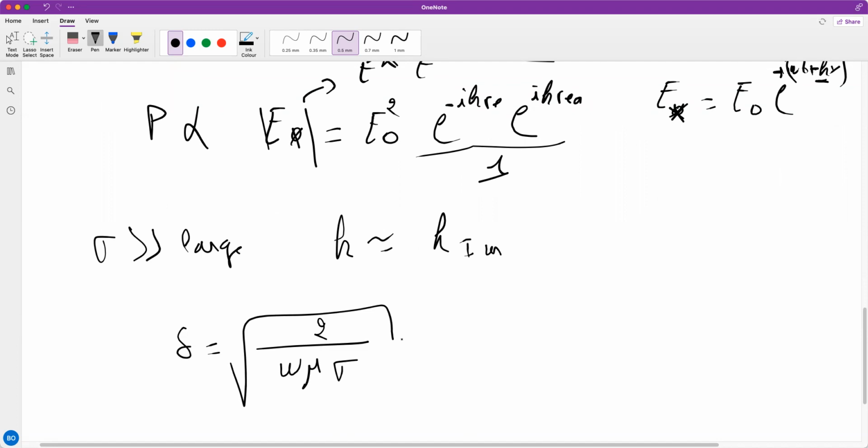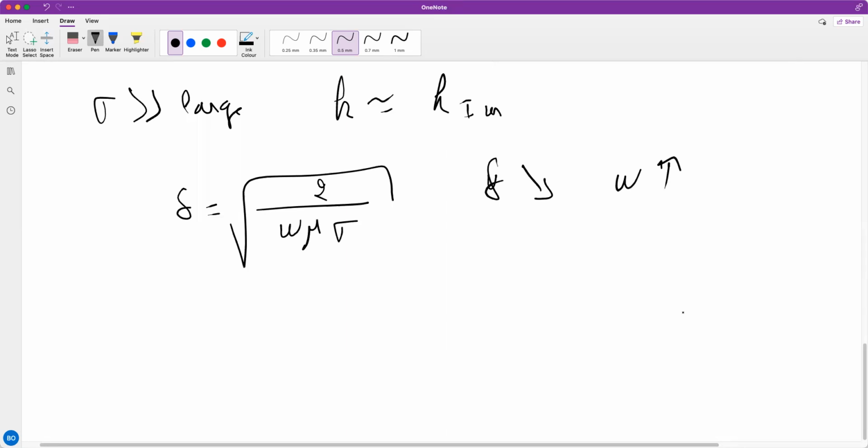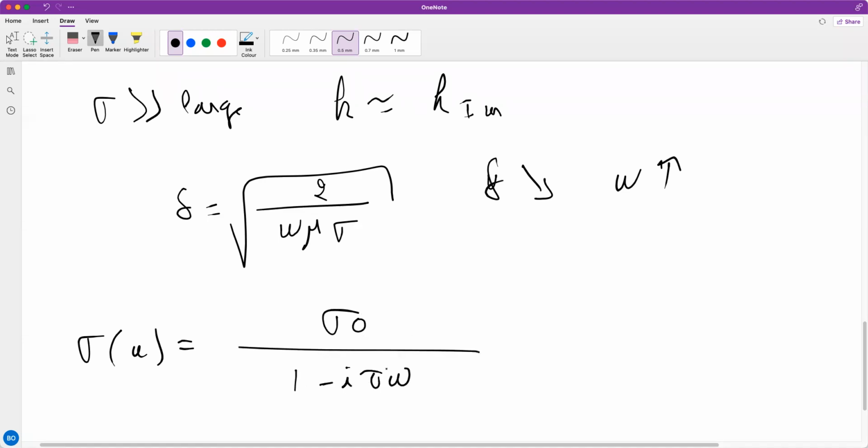You can see that the skin depth decreases when omega increases, which means the conductor becomes transparent to the wave. Yes, and then we have seen also that sigma of omega is equal to sigma 0, which is sigma at DC, over 1 minus i tau omega, where tau is the collision time, or the relaxation time.